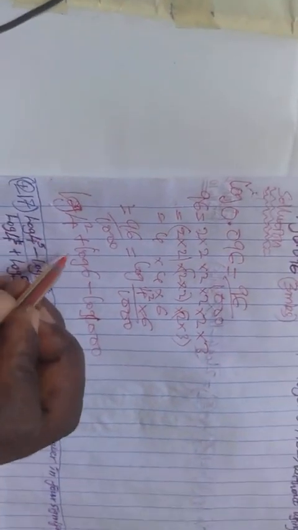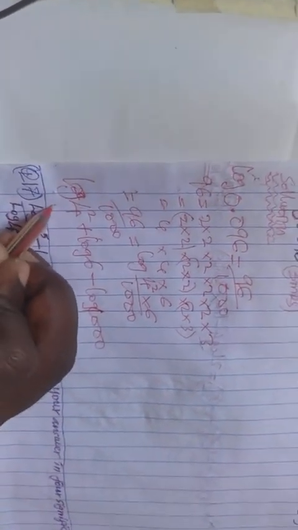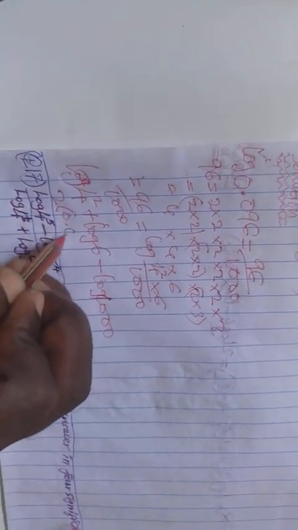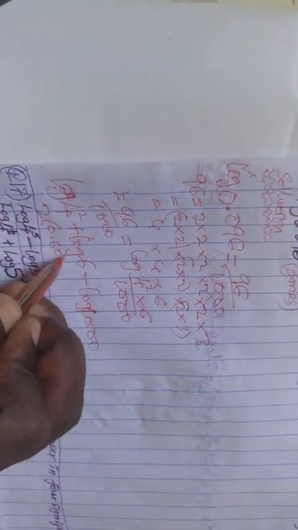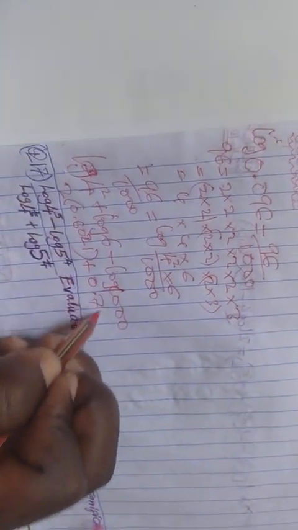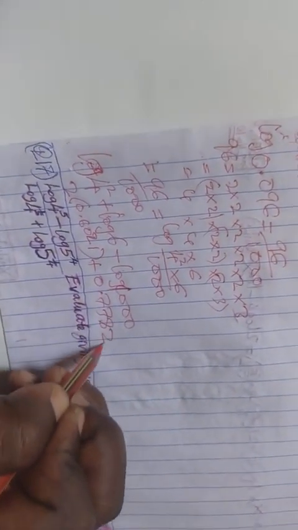This will further give us 2 into brackets 0.6021 plus 0.7782 minus 3. Since addition goes with multiplication and division goes with subtraction, we remember these values as they are given here, so we have directly substituted.